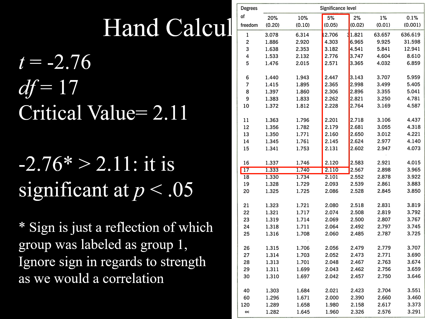So this also tells us how significant it is. Now, when we're talking about how significant, that has nothing to do with the effect size or how strong it is. It's just how confident we are in that score. In this case, we're confident. We hit the bar of 0.05, but that's about it. We did not hit 0.01 or 0.001.